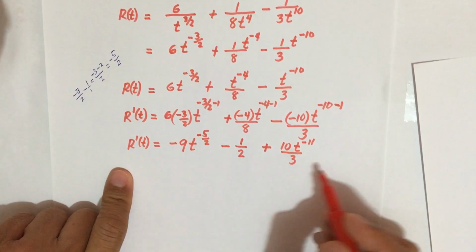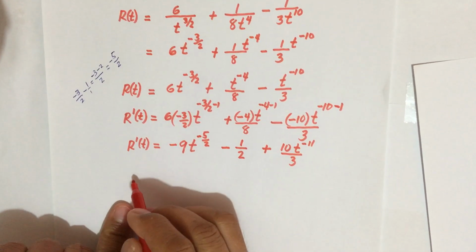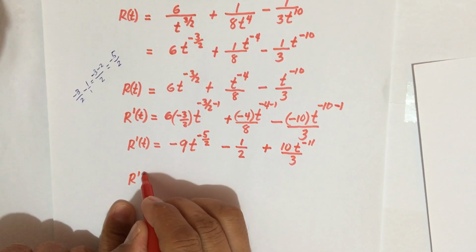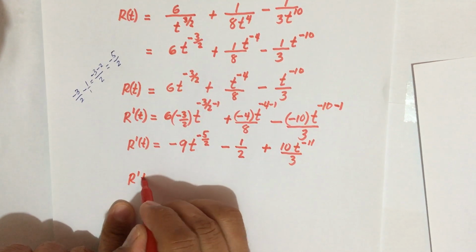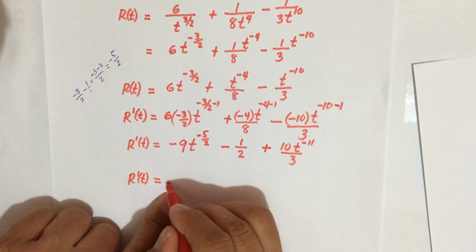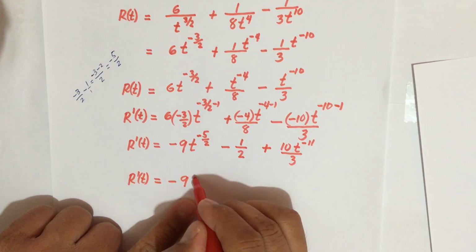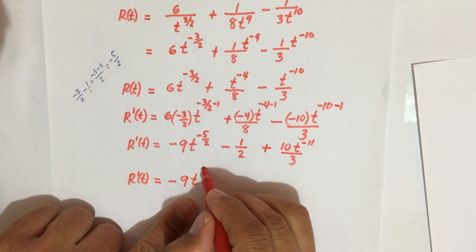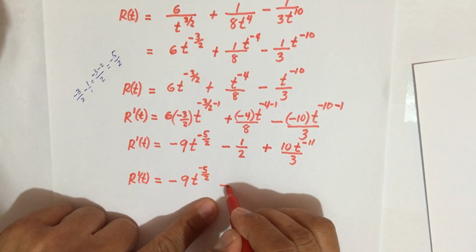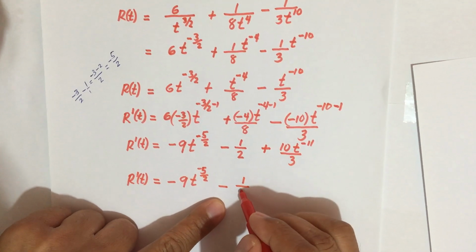I'll just rewrite this one to make it clearer. We have the derivative of the function r as a function of t equal to minus 9 t to the negative 5 halves, then minus 1 over 2.